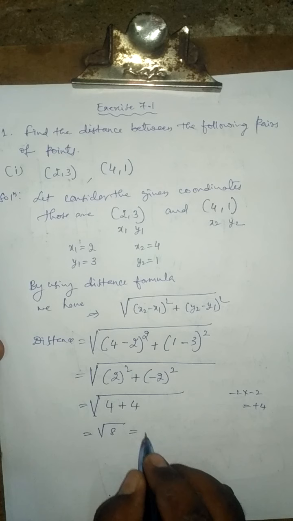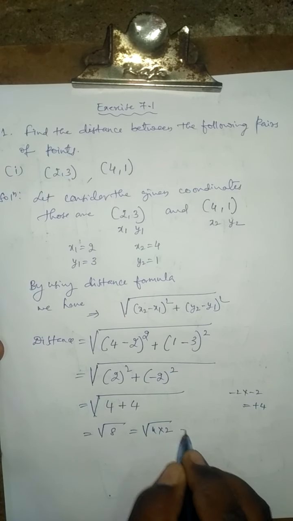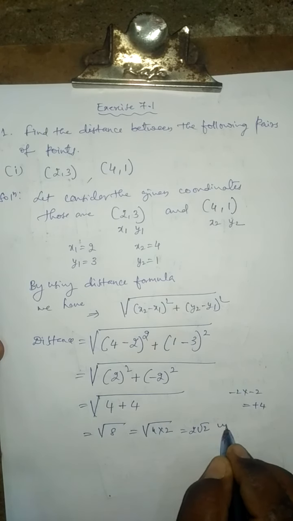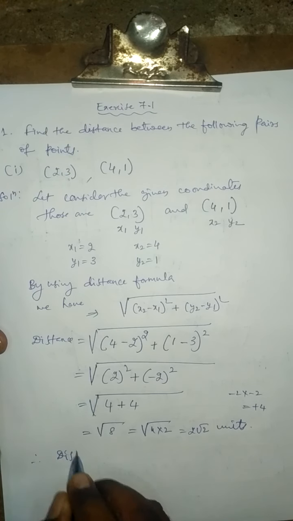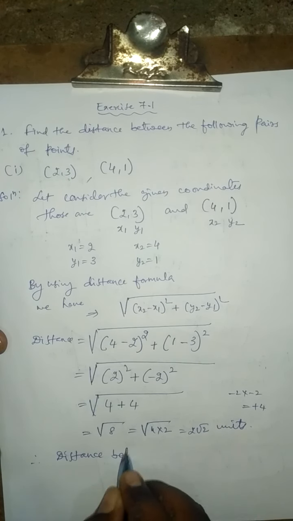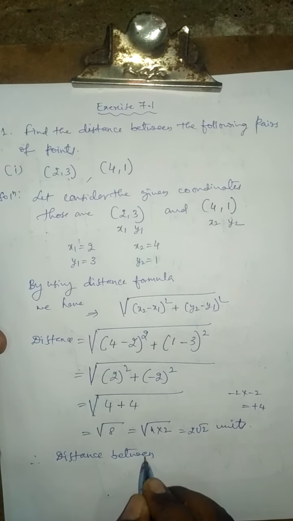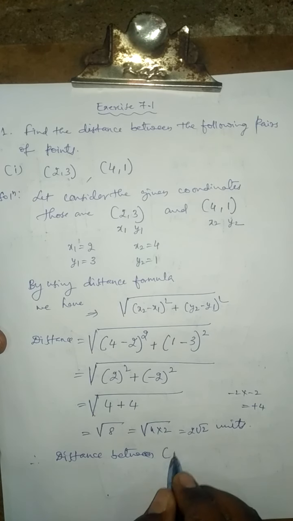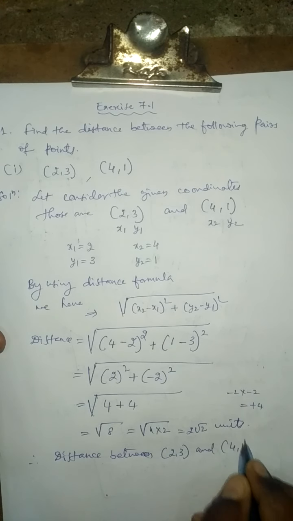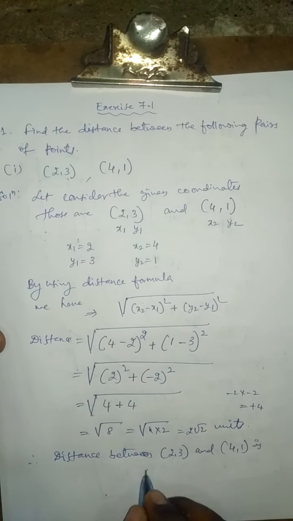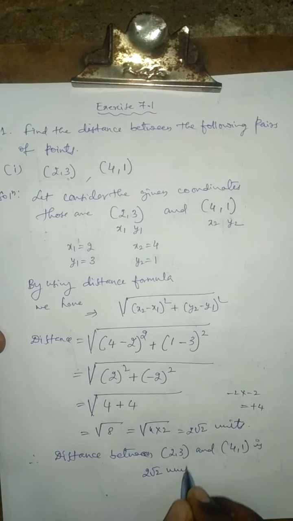This one we have to write in simplest form, that is 4 into 2. So this is 2 root 2 units. Therefore distance between 2, 3 and 4, 1 is 2 root 2 units.